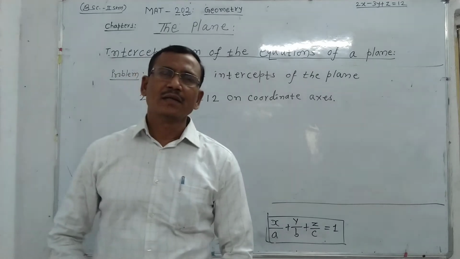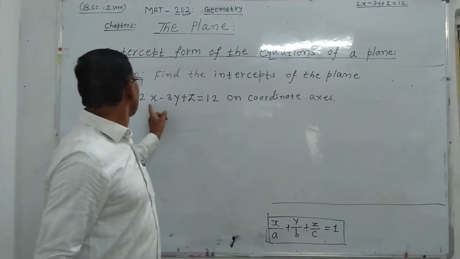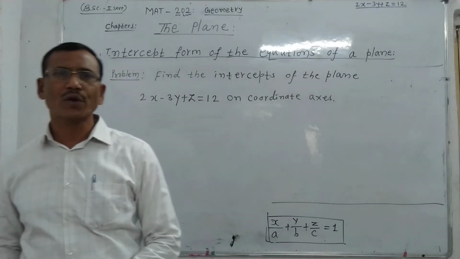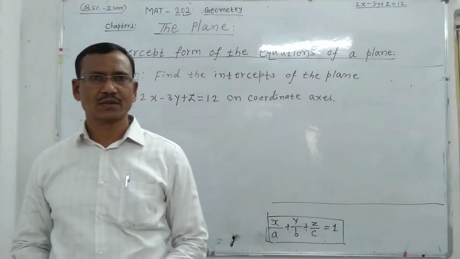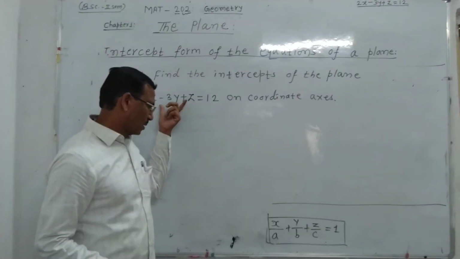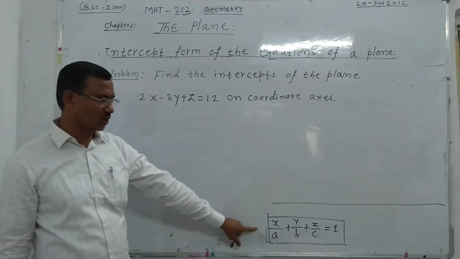Now we have to find the intercepts made by the plane 2x minus 3y plus z equal to 12 on the coordinate axes. Okay. To obtain the intercepts of this plane, we have to write the plane in this form.